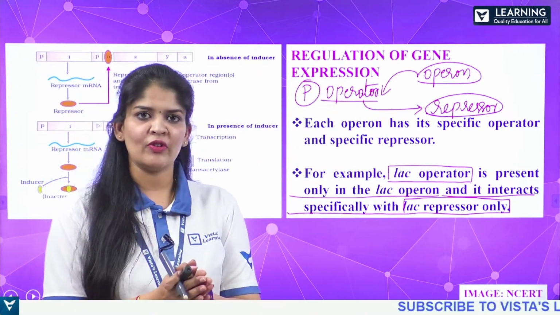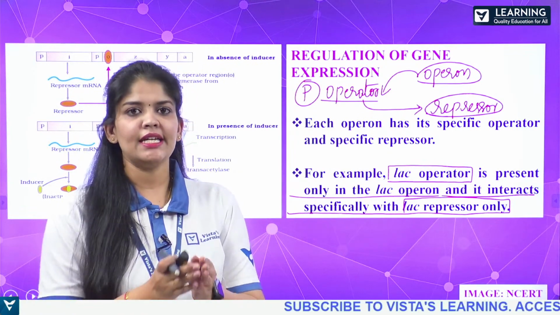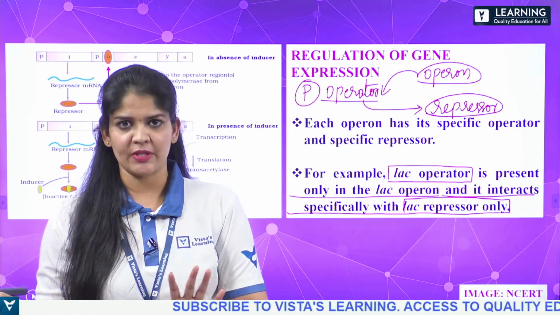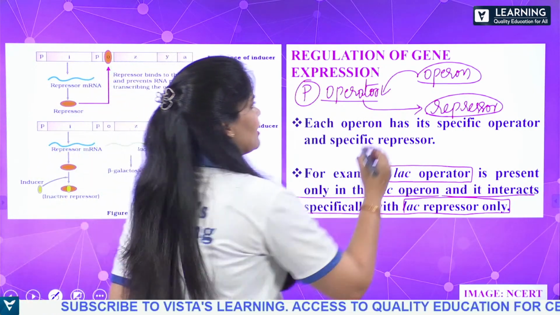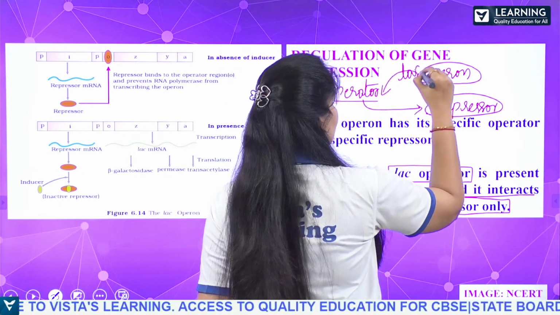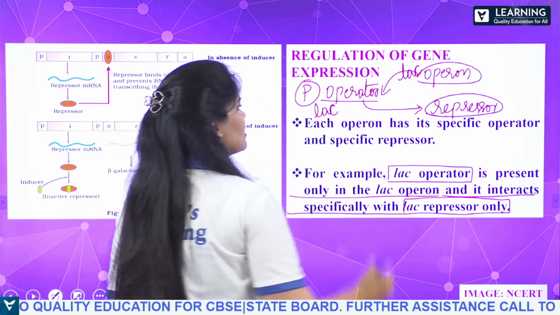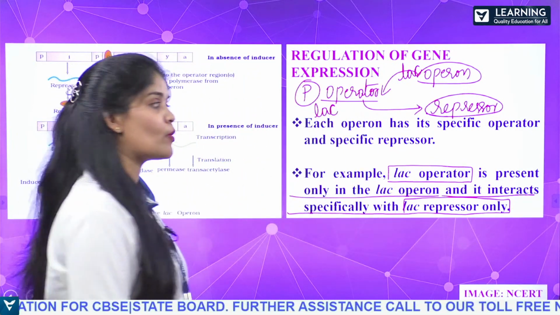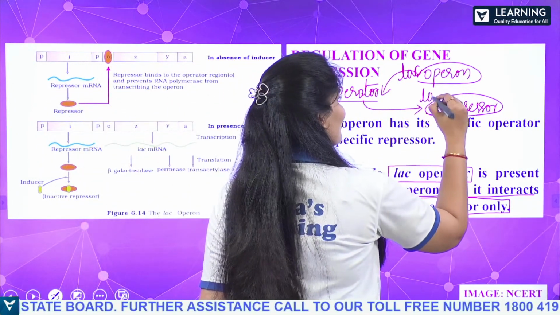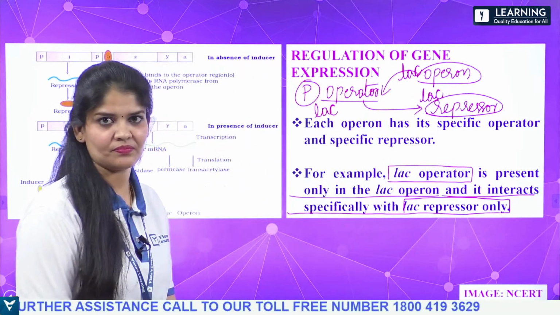So each operon has its specific operator, and each operator has its specific repressors.